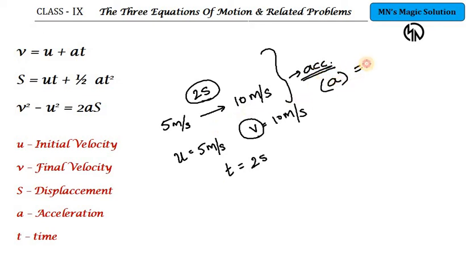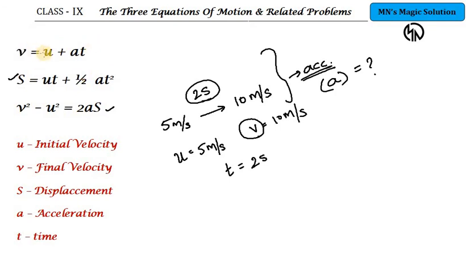So when the question asks for small a, we have to see which formula you can apply. Which formula is simple? See, the other two formulas have displacement in them. In our scenario we have u, v, t, and acceleration is asked for, and we do not have the displacement. So let us look for the formula without displacement.